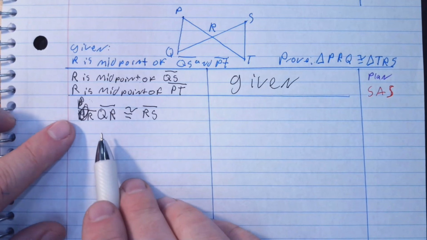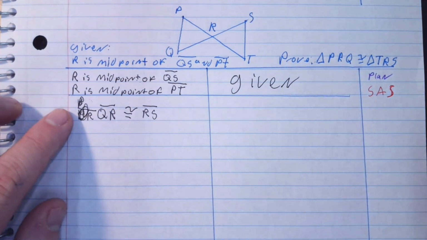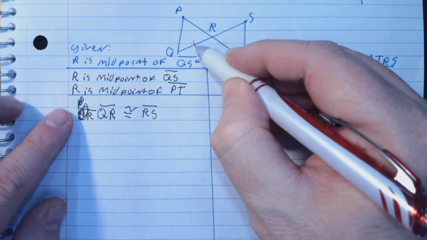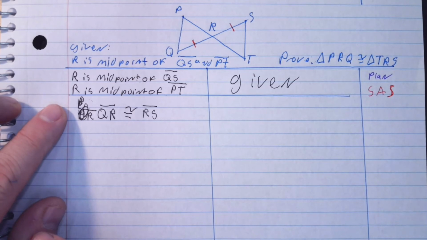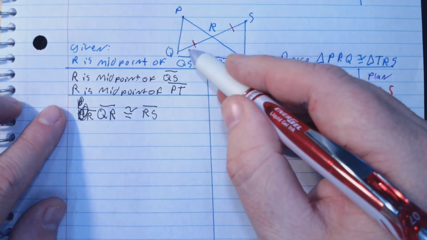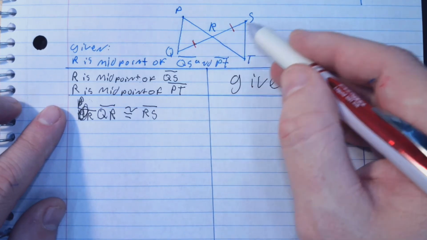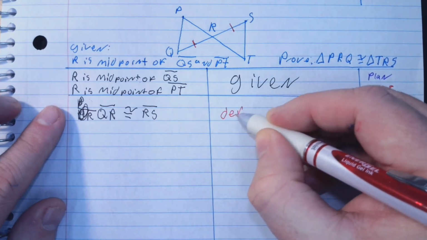Okay, do you think that's true? If R is the midpoint, do you think that this is going to equal this? Isn't that what we discussed earlier? That the midpoint divides it in half? So that means QR and RS are congruent. And that would be the definition.